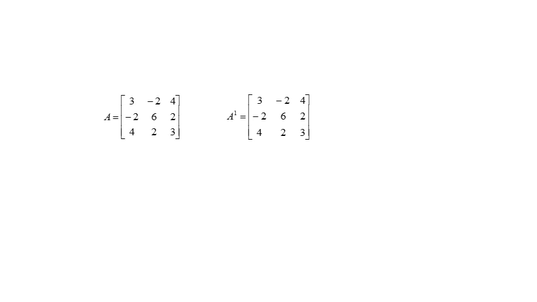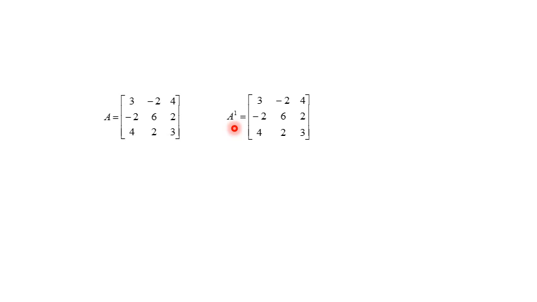Now let us start the session with an example of a matrix. Here there is a matrix of 3 by 3 order. There are 9 elements, and let us take the transpose of this matrix.